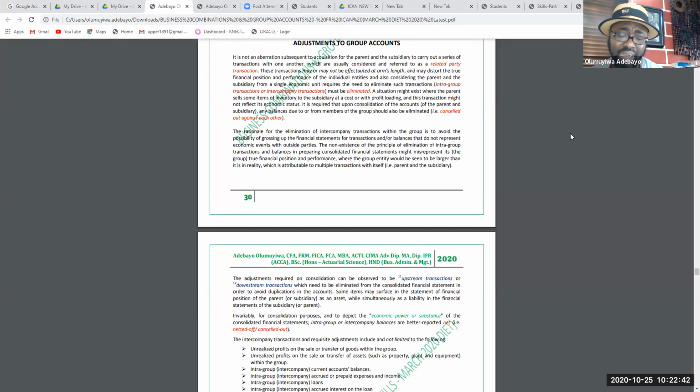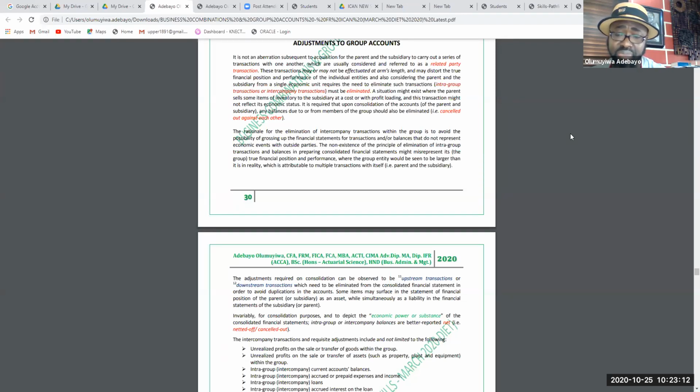It doesn't make sense. Therefore, what happens? Because they are now members of a group, they can cross the cash, what we call cash sweeping or cash pooling within the group, whereby the parent can loan the money to the subsidiary at a higher rate than what GTB is giving, which is also favorable to the subsidiary, borrowing for less than what GTB would have given.